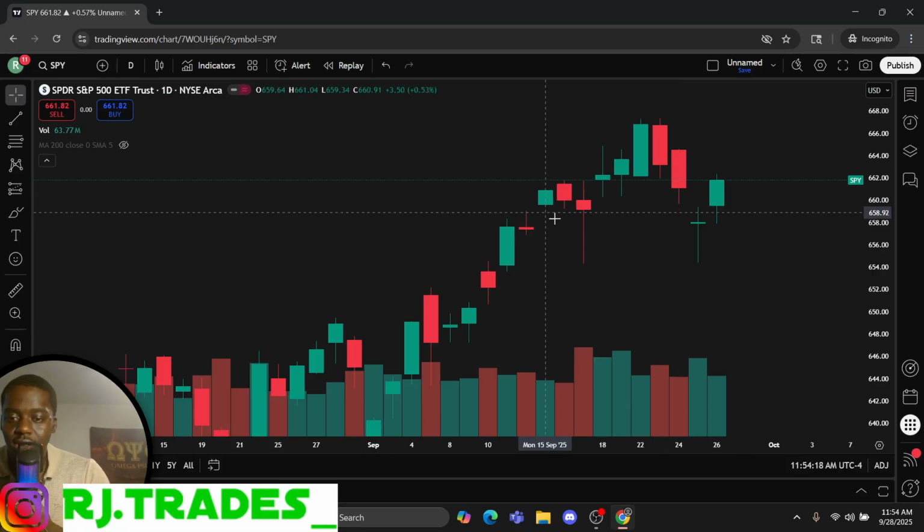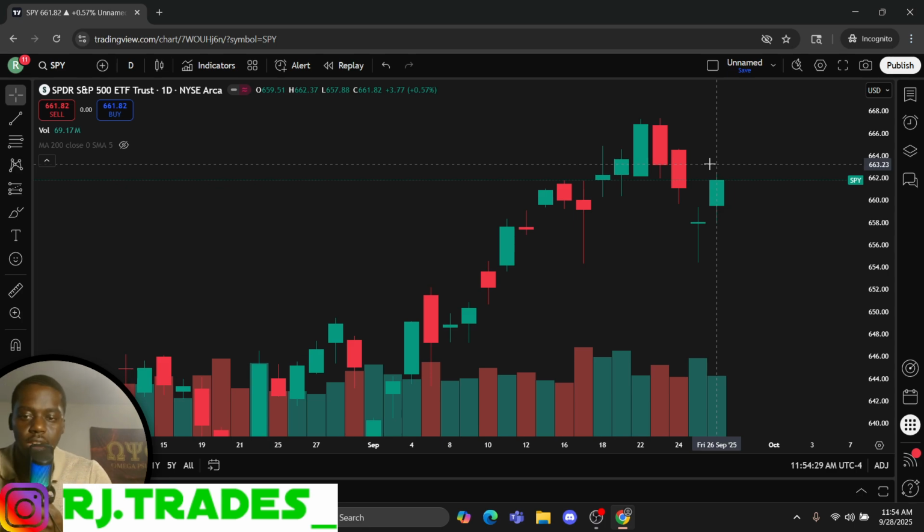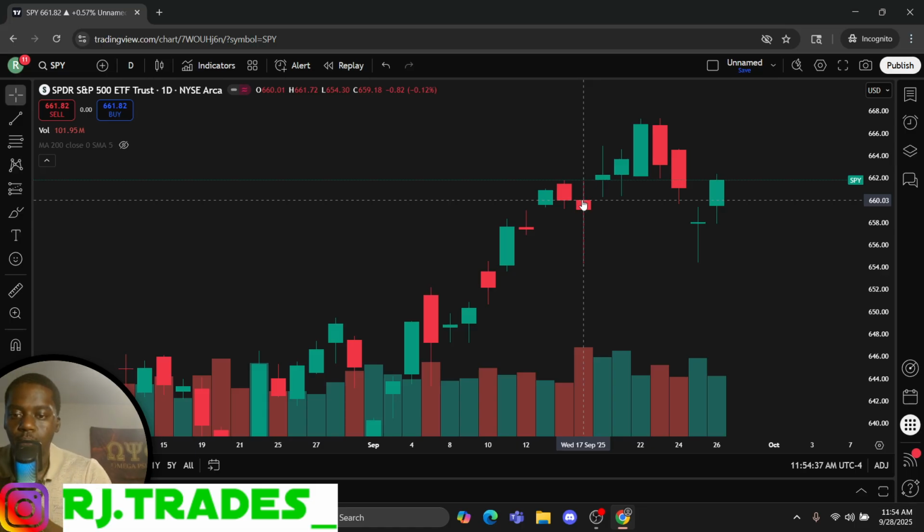Okay. This candle, let's take this candle on September 17th. It doesn't matter if it's red or green. You need to understand, what does the candle itself tell you? Where are the wicks? Where did it open? Where did it close? Okay. It opened right here. This is a red candle. So a red candle tells you that it closed lower than it opened. Okay.